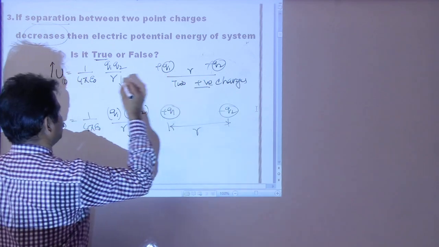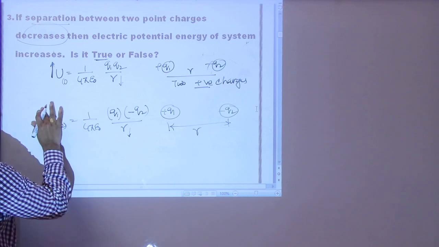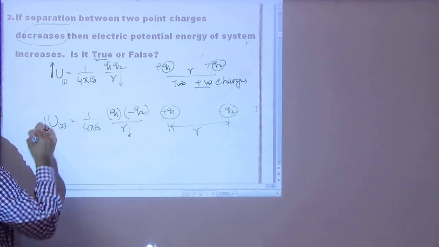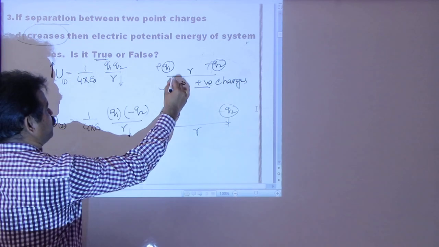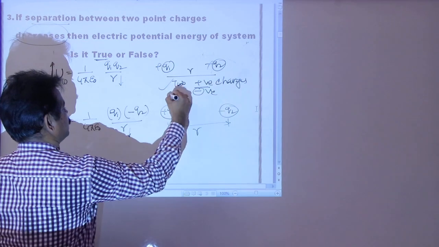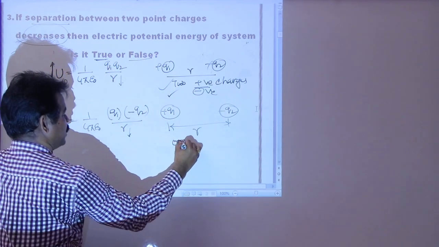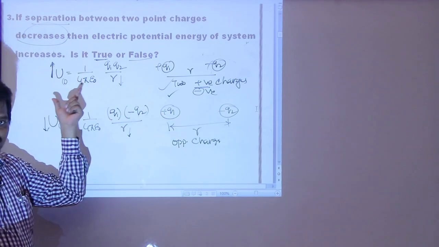So for both positive charges, potential energy increases; for one positive and one negative, the potential energy will not increase. As it is a negative quantity, it will decrease. That means it is true for two positive or two negative charges, but false in the case of opposite charges. So what can we say?